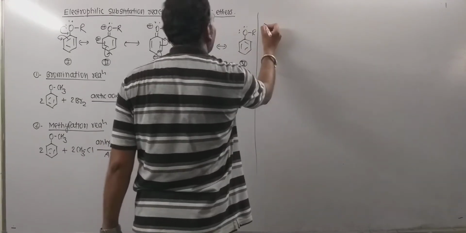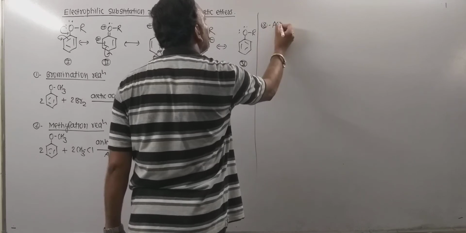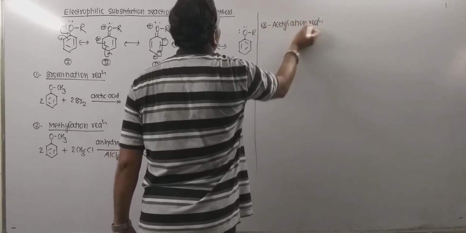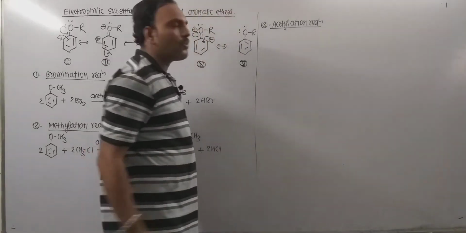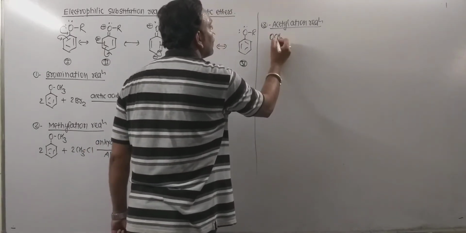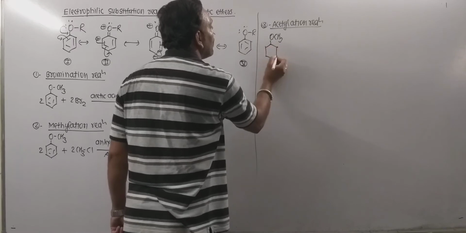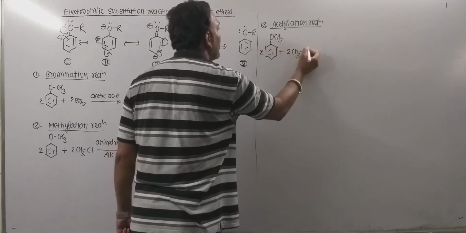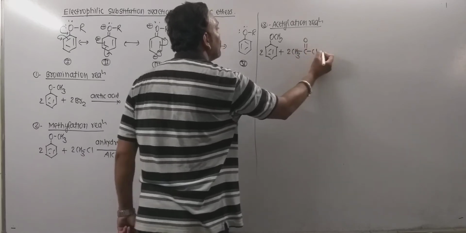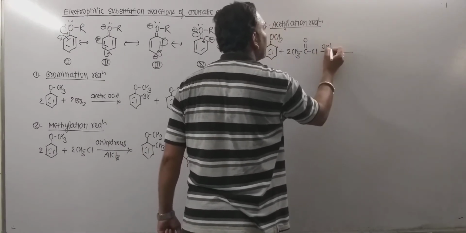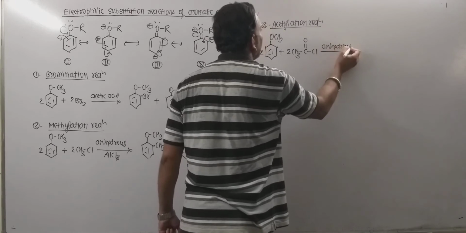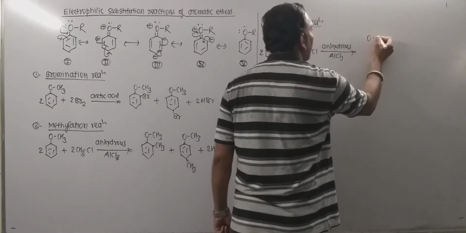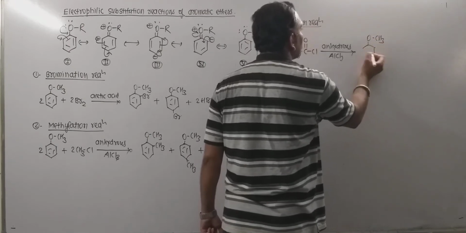Now the next electrophilic substitution to be explained is the acetylation reaction. Now the reaction with acetyl chloride is known as acetylation. Thus anisole reacts with acetyl chloride, which can be given as CH3COCl, in presence of anhydrous AlCl3 to form a mixture of ortho and para substituted products.